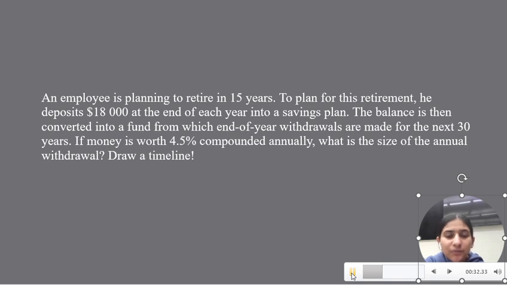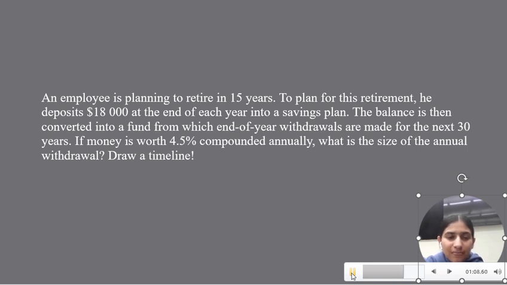In this scenario, they will be making a yearly deposit into a savings account, and we will calculate how much they will have at the end of their savings period. After that, we will figure out how much they can withdraw each year during their retirement to ensure the fund runs out after 30 years. I will also show how we can solve this problem using the BA II Plus calculator.